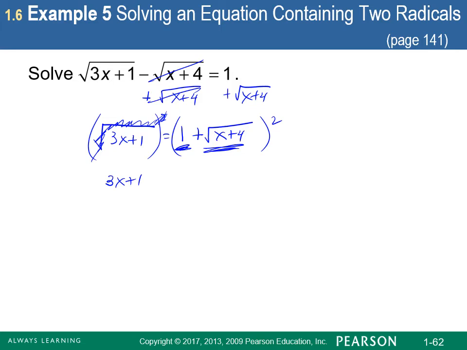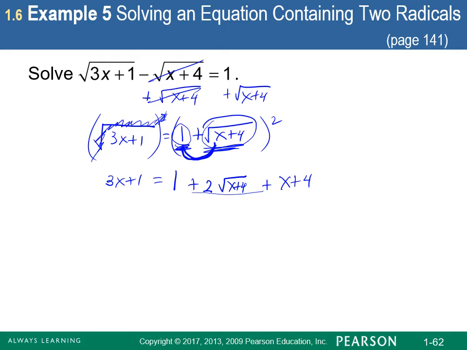The way you square a binomial is you square the first term, you square the second term, leaving some space, and you multiply these two together and double that. 1 times the square root of x plus 4 is the square root of x plus 4. You double it and you get 2 square root of x plus 4. So you got to be careful about how you multiply these out.